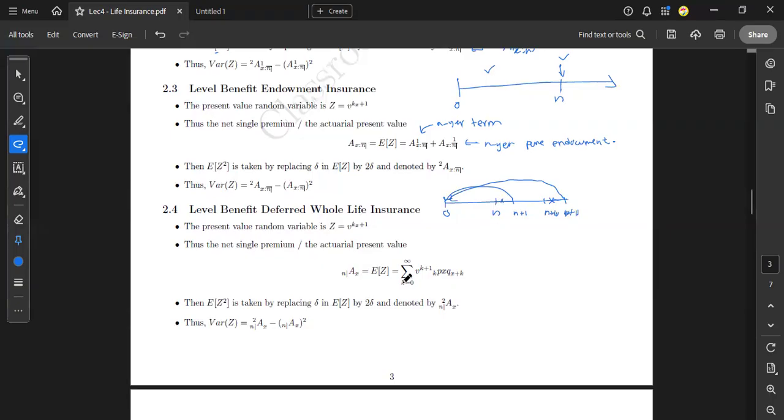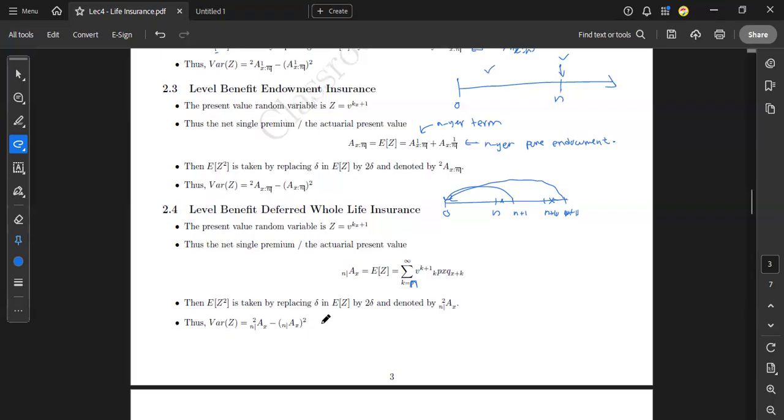That means the summation should not start from 0, it should start from n and go to infinity. The notation says the actuarial present value from x to n, and after n years, the payment starts. No bar since it's the annual case, not continuous.